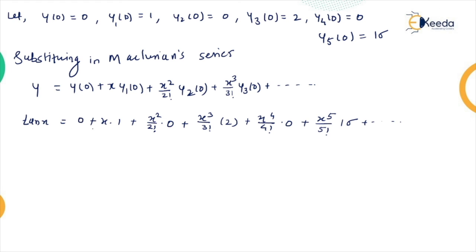So tan x is equal to x, plus the second term which is 0, plus the third term x cube upon 3, plus the x raised to 4 term which is 0, plus x5 upon 5 factorial into 16, which gives 2x raised to 5 upon 15.